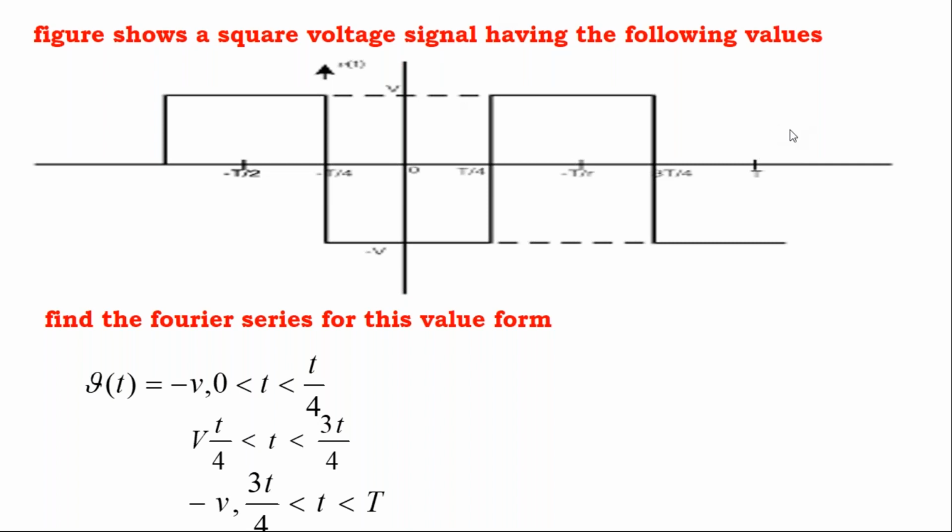That's the reason we represent V of T. Since on x-axis we have the time scale, on y-axis we have its amplitude, that is V. The amplitude is varying from plus V to minus V, but it is varying for different intervals or different instants of time. So according to the time, you have to write the mathematical equation, and you have to write this equation very carefully.